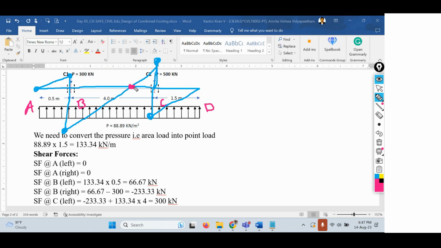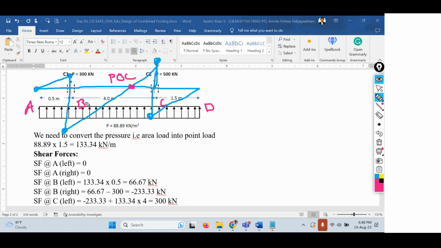Anybody remember? Point of contraflexion, which is POC. So this point we have to find out: at what distance this point of contraflexion is acting. We have to find the point of contraflexion, which is available in between the two columns, that is, point B and point C.